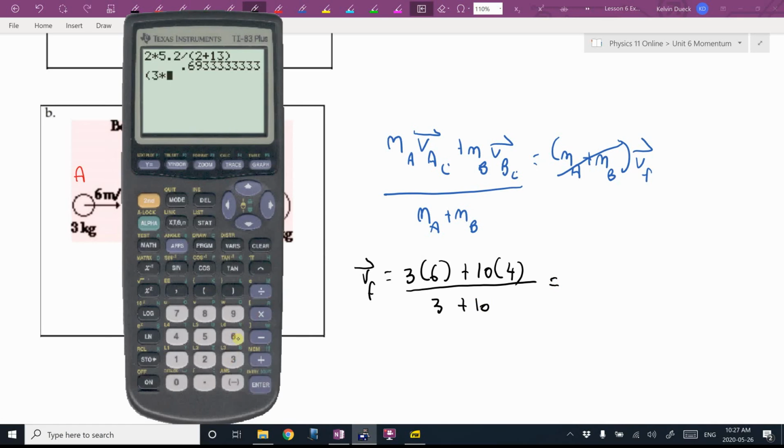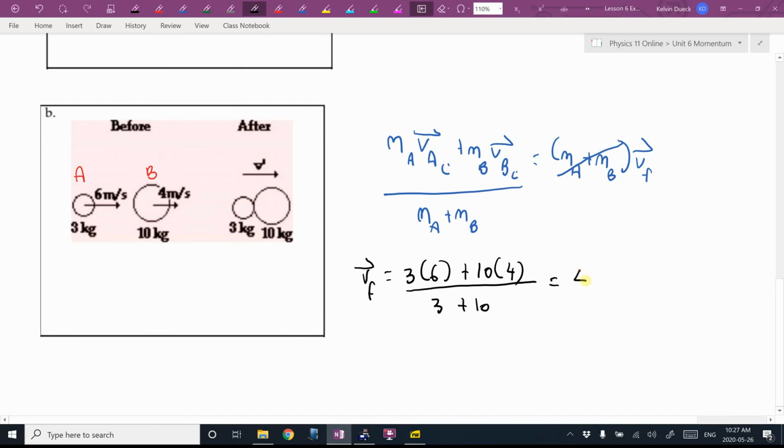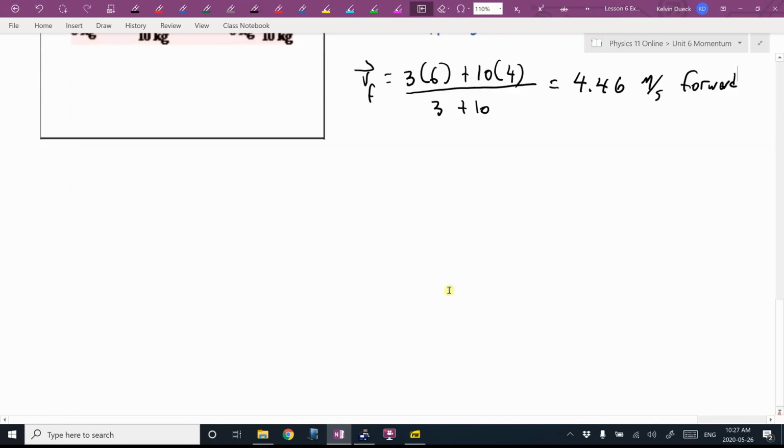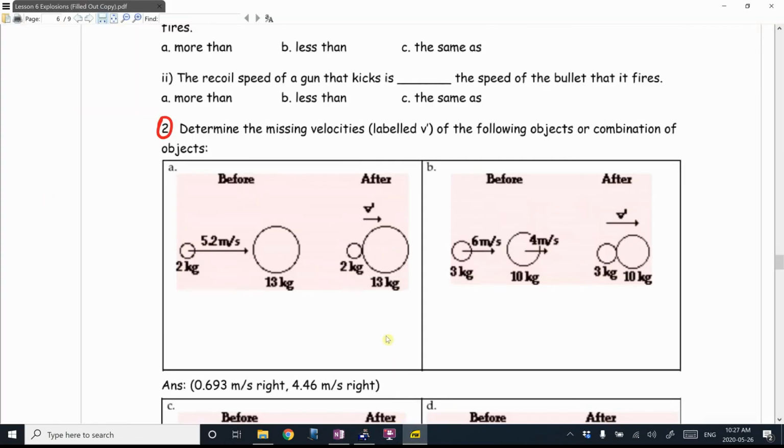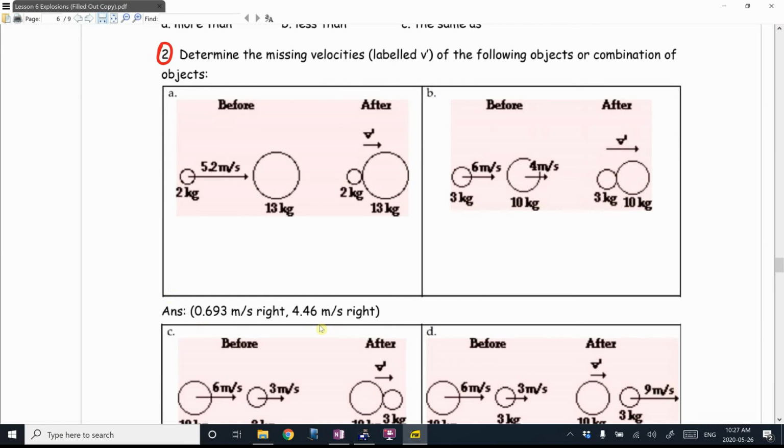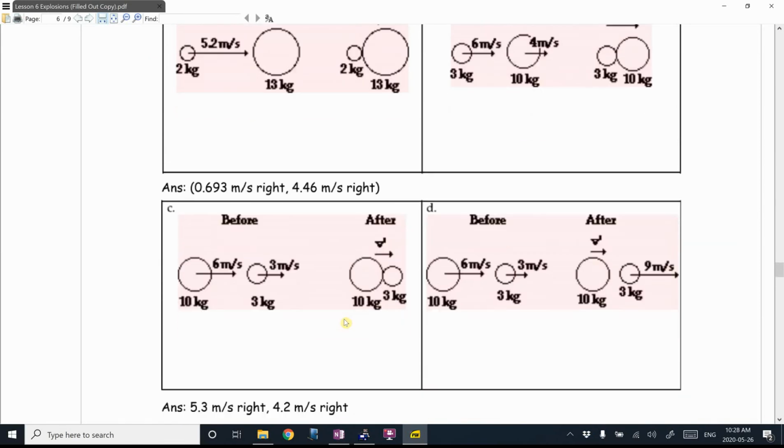Bracket 3 times 6 plus 10 times 4 divided by bracket 3 plus 10. 4.46. That seems right to me. C. Yep, that looks, there you go. That's right, I forgot I'd done answers.